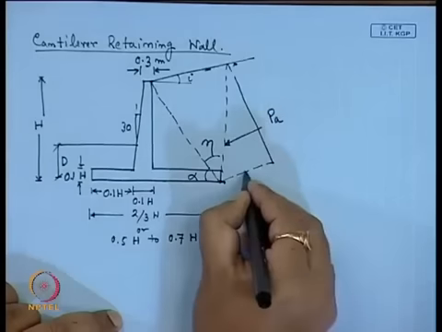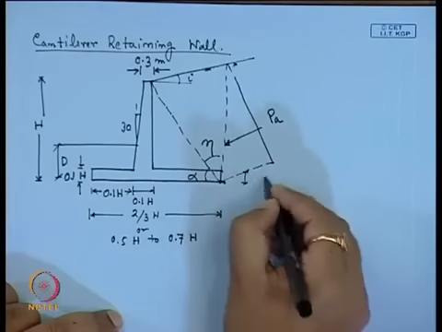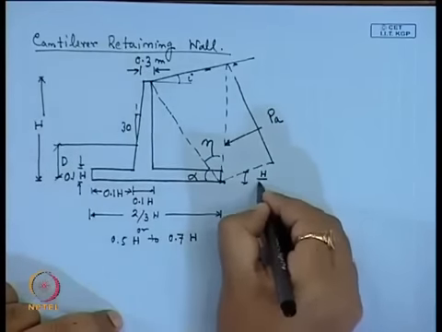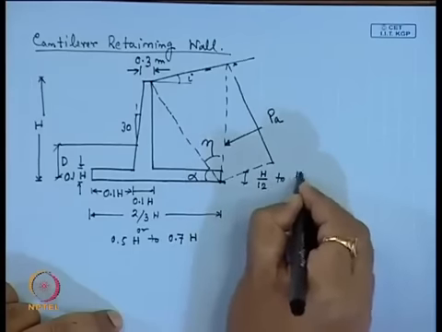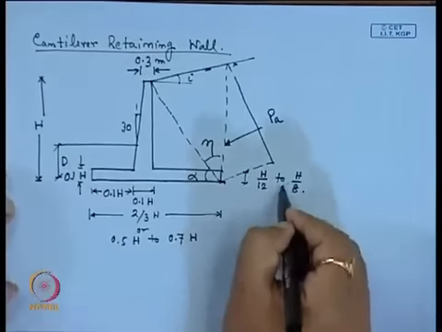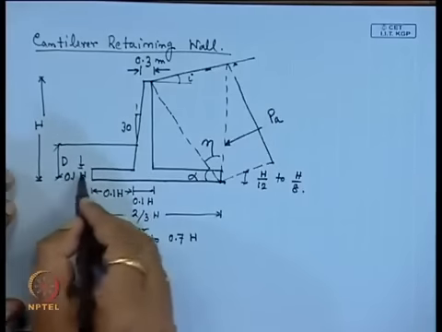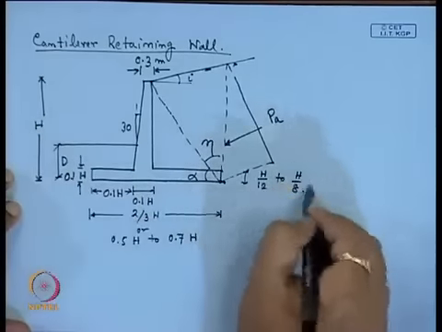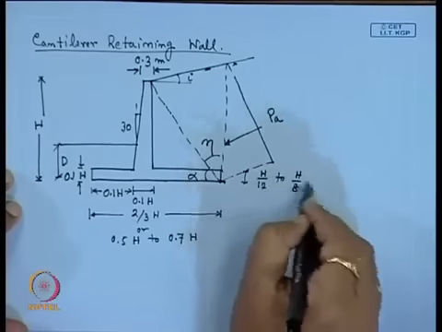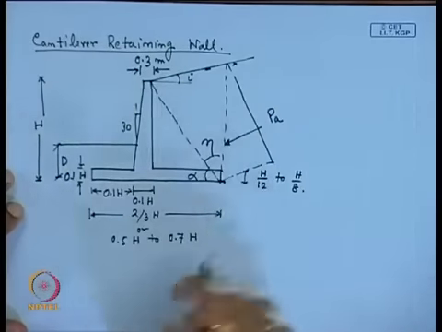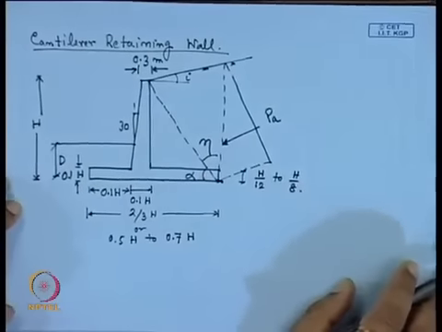Now, similarly, the thickness of this side is taken as either 0.1 h or h by 12 to h by 8. So, that means it is in between, that is h by 10, this is considered here. So, the average value of these two is 0.1 h. So, these are the guidelines to choose the initial dimension of this retaining wall.